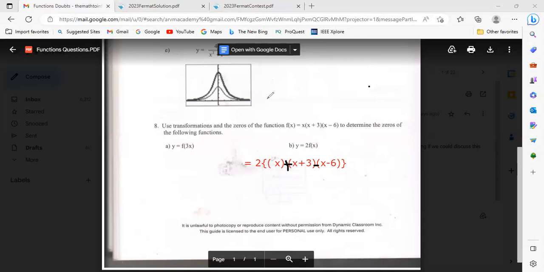But here, the cubic equation is already factorized. So you don't have to multiply this with 2. The factors are going to be the same only. x is going to be 0, it's going to be -3, and it's going to be 6 only. It is not going to make any changes because we have already factorized it.